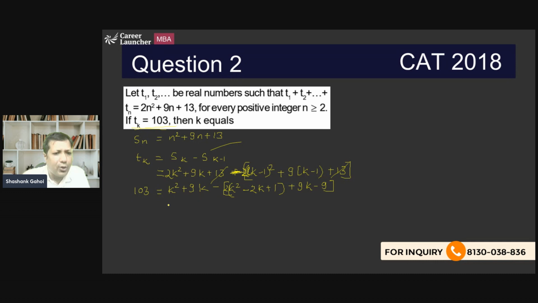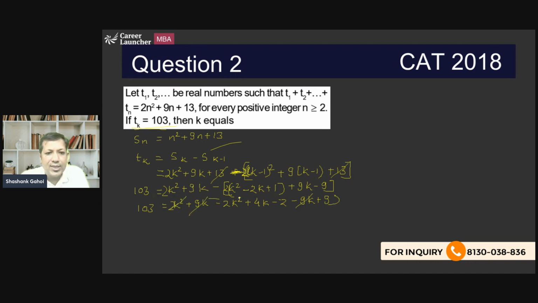So this is what we got. Okay, so I can say 103 is equal to 2k square plus 9k minus 2k square plus 4k minus 2 minus 9k plus 9. Okay, so this is what we are going to get.